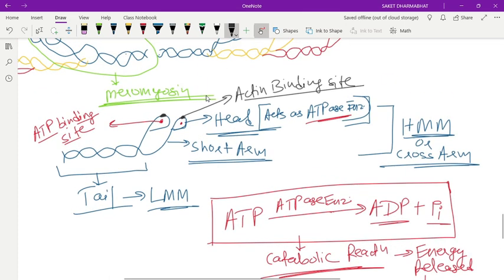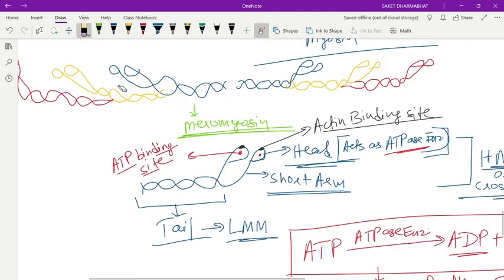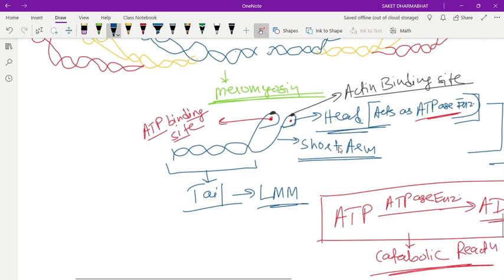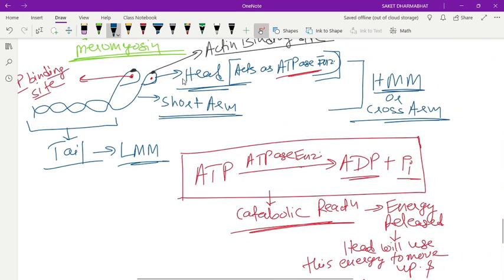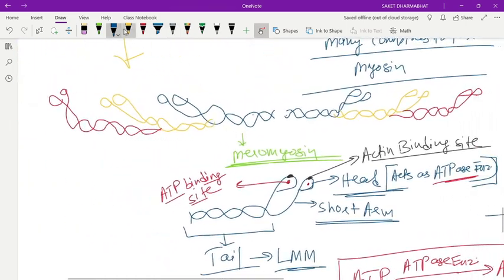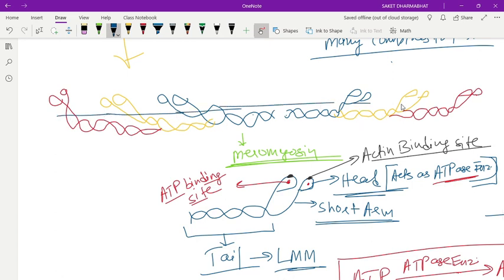Okay. Now coming back to this structure, the cross arm. What is meant by cross arm? Tell me. The head and short arm together are called cross arm. So in the entire myosin structure, you will see that this cross arm is projecting outward. Is the cross arm projecting outward or not? But just see this place.